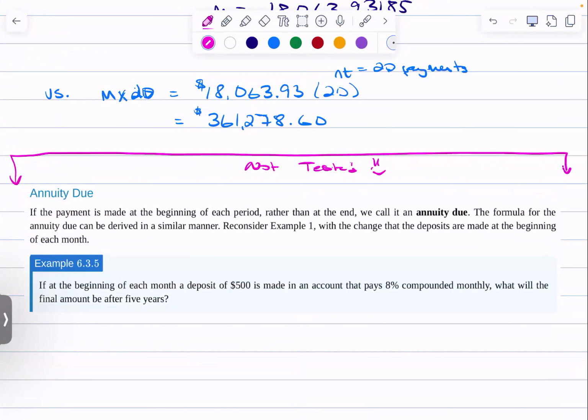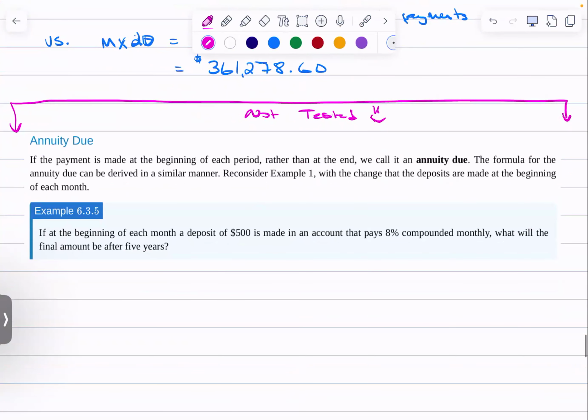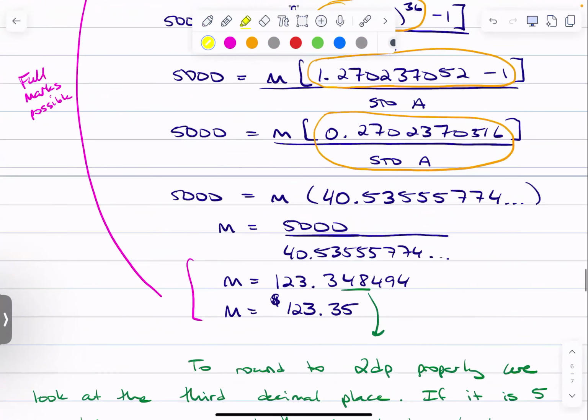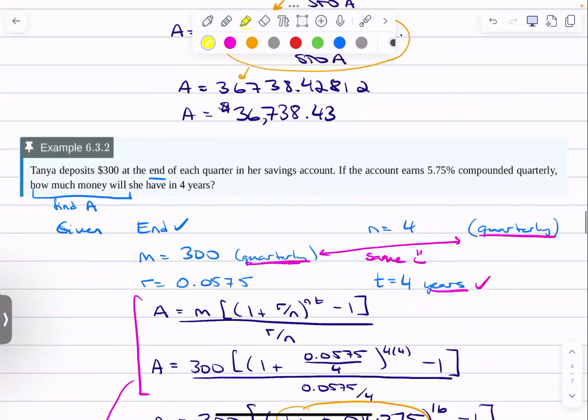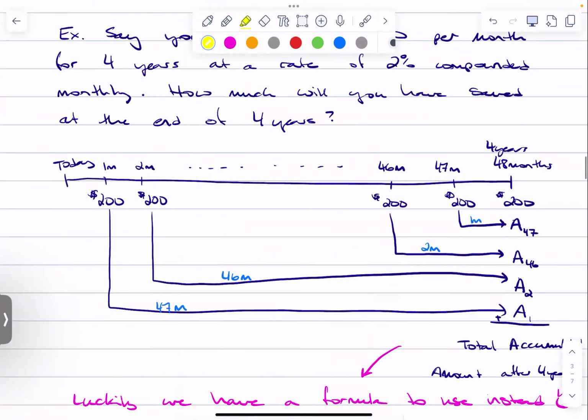That's why it's not on your formula sheet either, because I didn't want you to get confused. But an annuity due is if the payment is made at the beginning of each period. So now, at the beginning of each month, if we think about our original timeline that we made a long time ago, so much math happened.